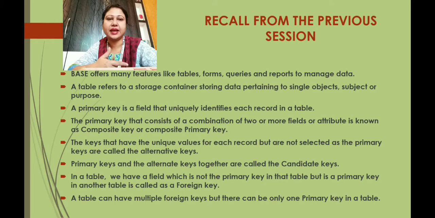So that particular field, that is the admission number, can be called an alternative key. That is, the key which will have unique values for each record but is not selected as a primary key is called an alternative key. So here in this table, the admission number field can be called the alternative key.